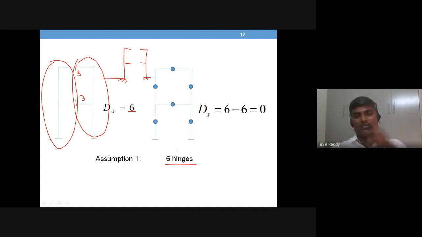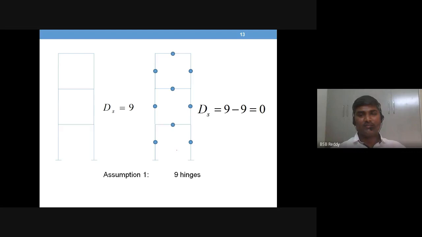If there are two bays, you will have an interior column, right? Going for the next case, same here. There are 3 such sections required. 3 times 3 is 9. So again you have 9 excess equations and you have 9 hinges or points of contraflexure. Okay, so determinate.